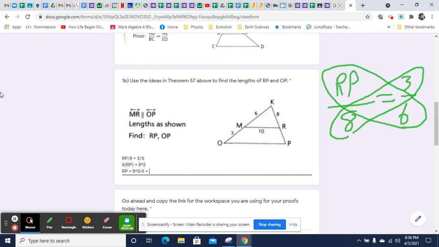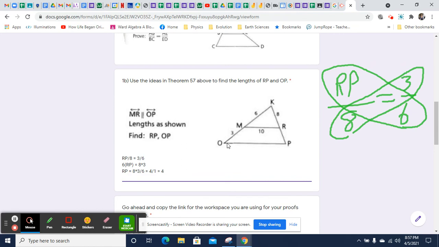And that we can simplify. We can cancel, factor a 3 out here and a 3 out here. We also factor a 2 out of the remaining 2 and a 2 out of the 8. So we're going to end up with 4 over 1, which is just 4. And I already said this had to be 4 because this has got to be half of 8, since this is half of 6. Now, that's RP.